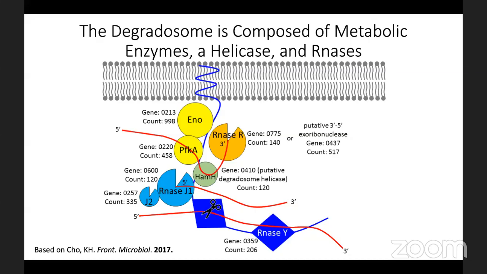And then it's made of 2 exoribonucleases, RNase R and RNase J, an endoribonuclease, RNase Y, and then a helicase. And so this is the mechanism that degrades mRNA. And in the spatial simulations, we require the messengers to diffuse to these to be degraded, instead of a uniform decay rate.